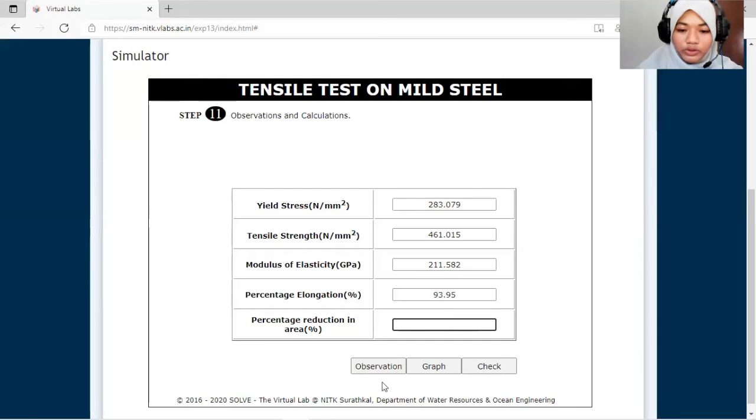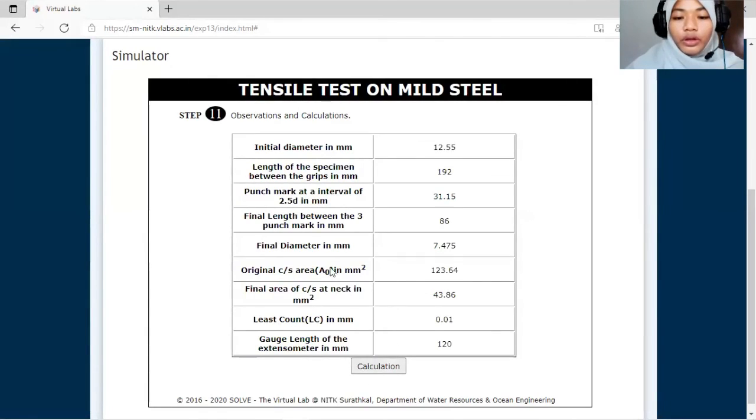And for the percentage reduction in area, the formula is AO minus final area over AO.